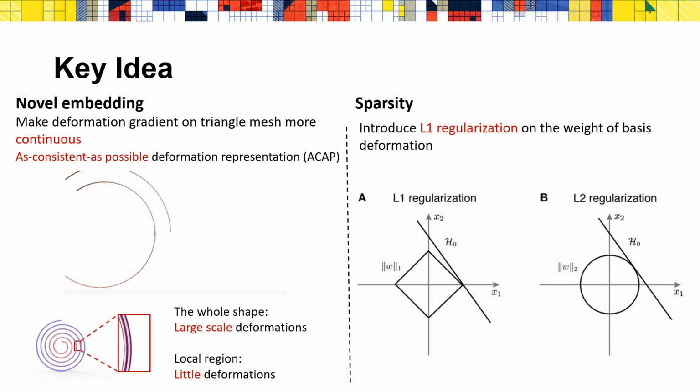And also we find that if we want to make the deformation space much more compact, the L1 regularization makes the sparsity, makes it as sparse as possible, which will help to find the compact deformation space.